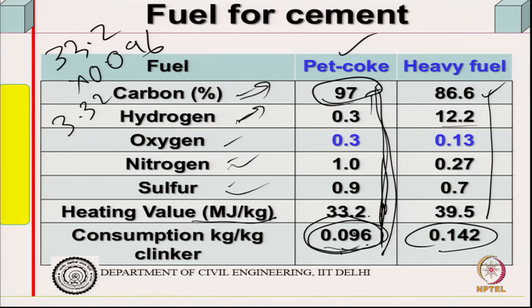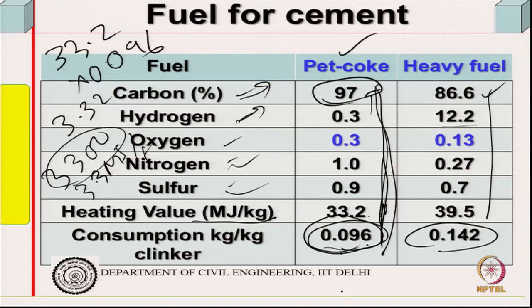So, around 3 megajoules I will have, which means 3300 kilojoules per kg, which would mean per ton I should multiply this by 1000, which will mean 3.3 megajoules per ton.